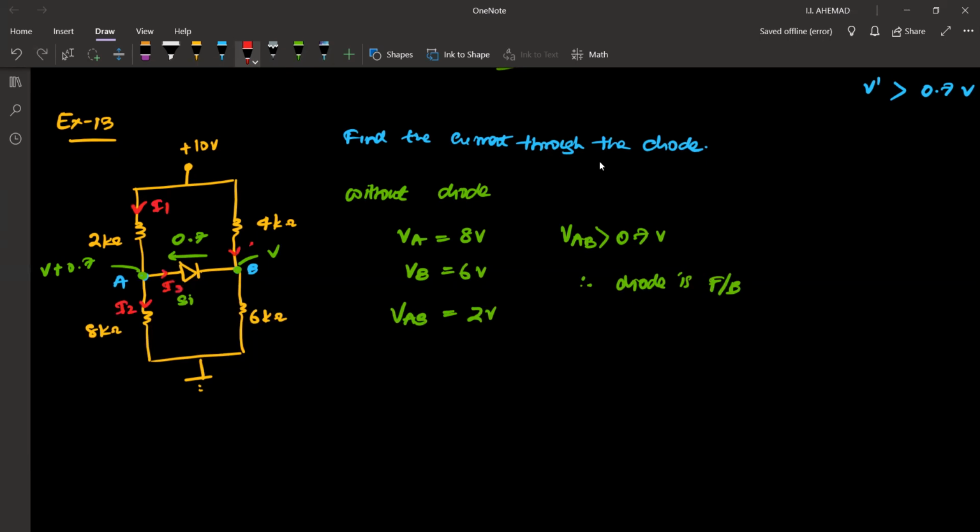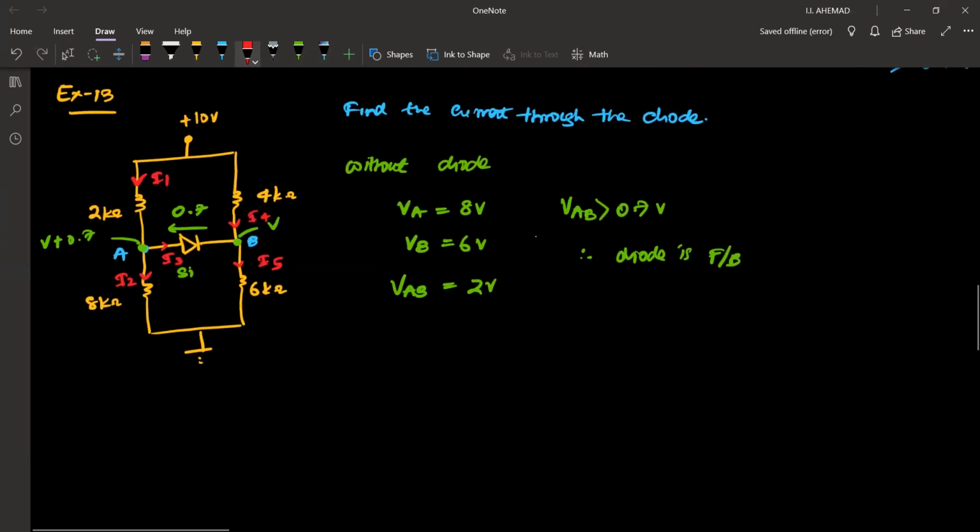This is I4 and I5. So what can you tell about I3 using nodal analysis, using KCL?